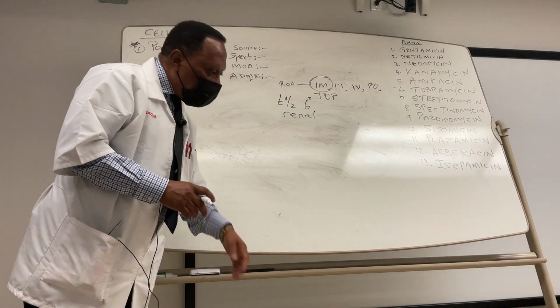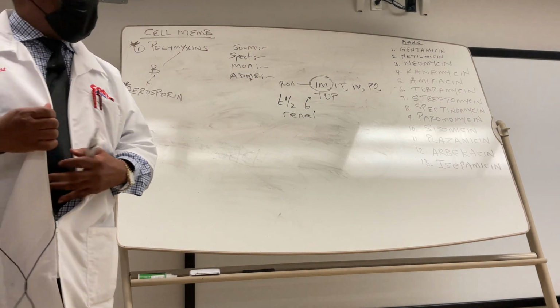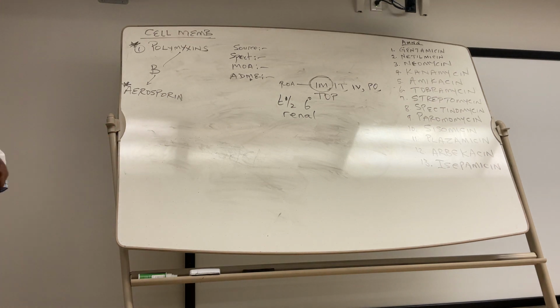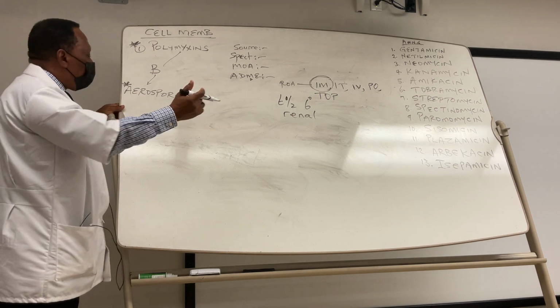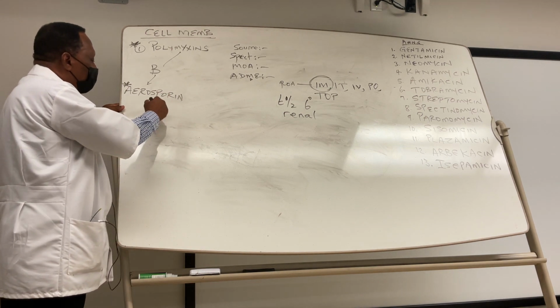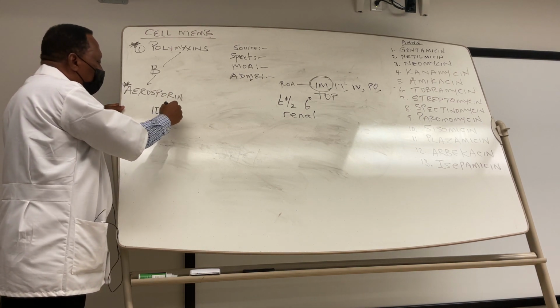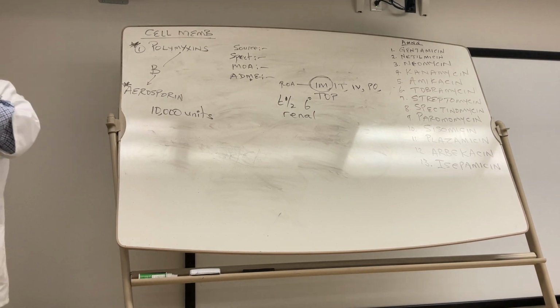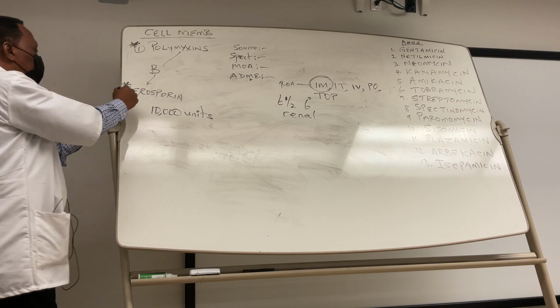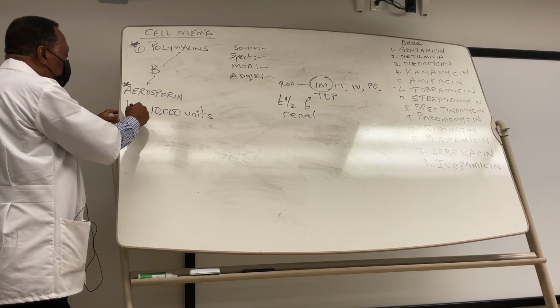And if there's any sign of renal failure or renal damage, you either don't use Aerosporin or you reduce the dosage drastically. Aerosporin is one of those antibiotics that can be expressed in units. 1 milligram is equivalent to 10,000 units.